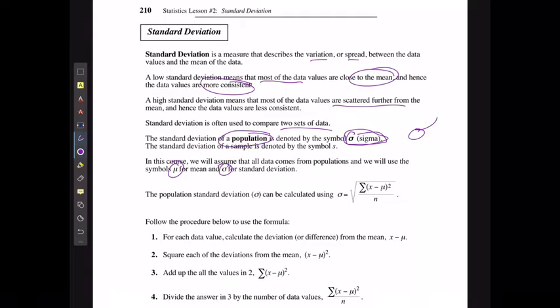The population standard deviation, or sigma, can be calculated saying that sigma is going to equal the square root of the sum of x, my piece of data that I'm deciding, minus the average data, squared, divided by the number of data pieces.